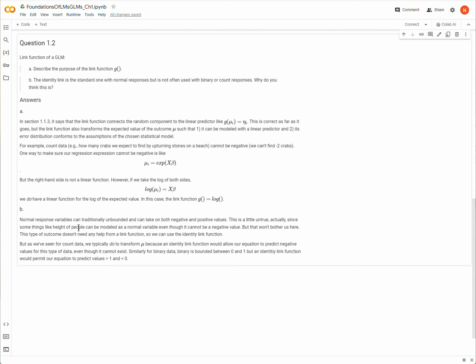Normal response variables are typically, at least in principle, unbounded or close to being unbounded. They can take on both positive and negative values, and there's no clear upper or lower bound. For example, if I'm measuring height across the population, height is often modeled with a normal distribution.